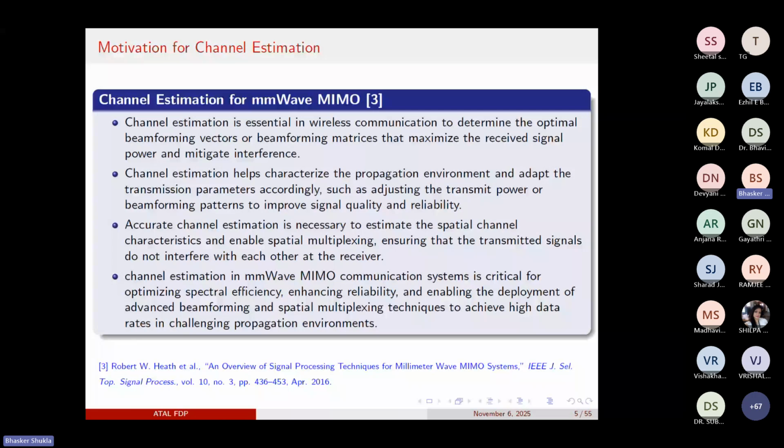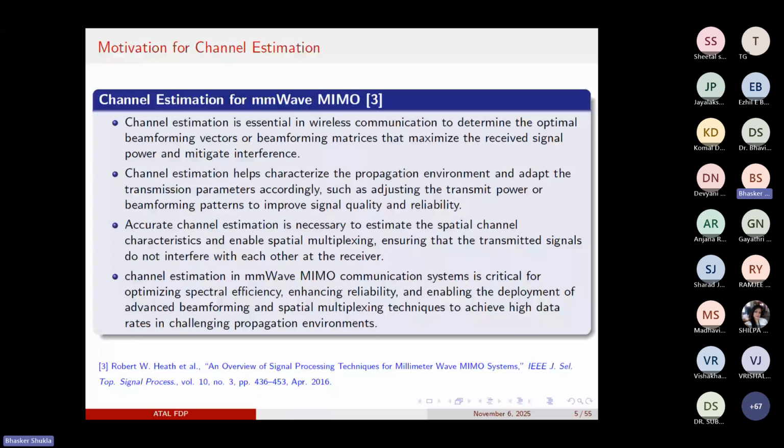Channel estimation also helps to characterize the propagation environment and adapt the transmission parameters. And it is necessary for spatial channel characteristics that enable spatial multiplexing, ensuring the transmitted signal. So channel estimation is critical for any system, and it is also extremely important for millimeter wave communication.